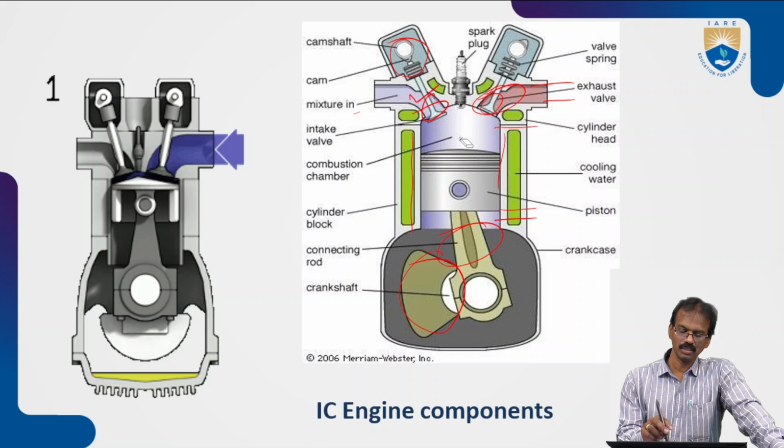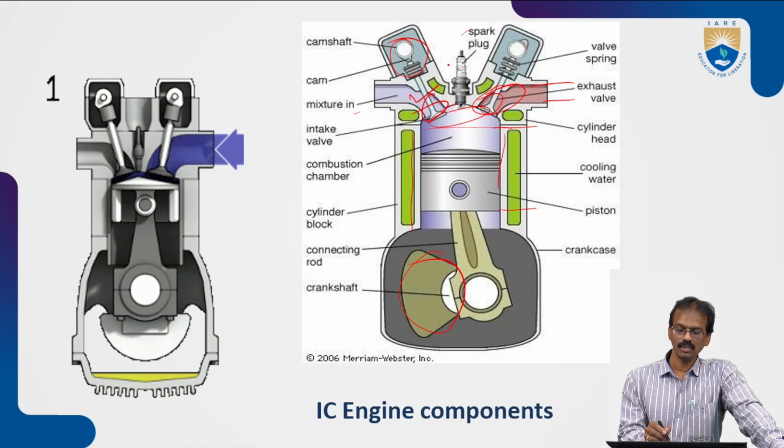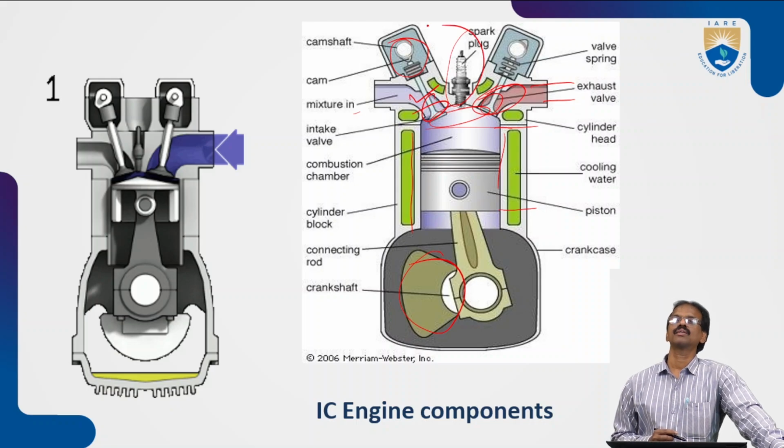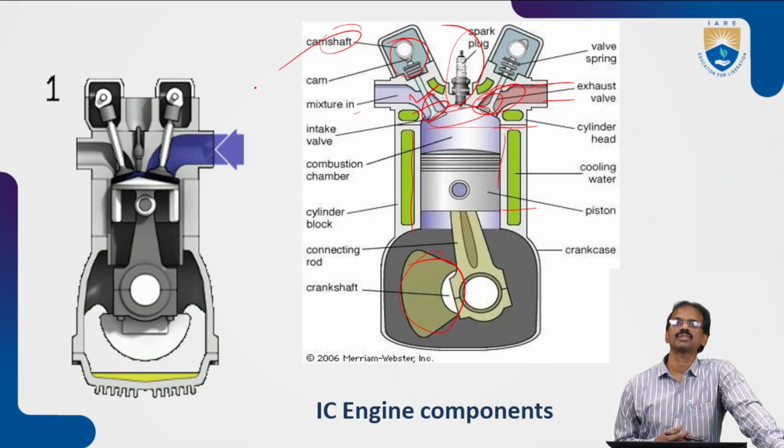We can say this is the combustion chamber because the combustion takes place at the top of the cylinder head. Here we can see the spark plug, which gives the spark for ignition. We'll see that later also. These valves are operated by the camshaft and cam mechanism.